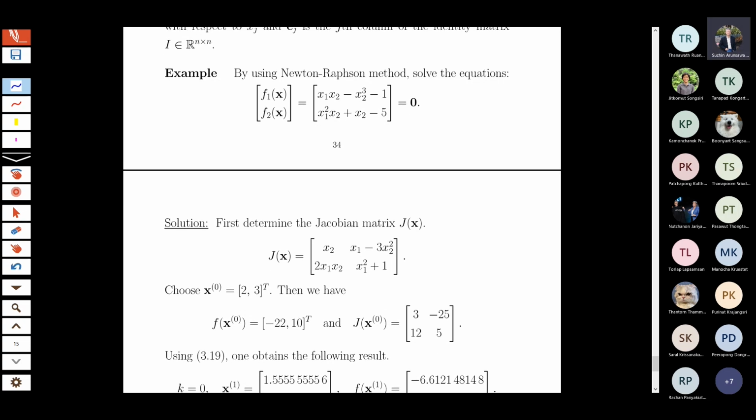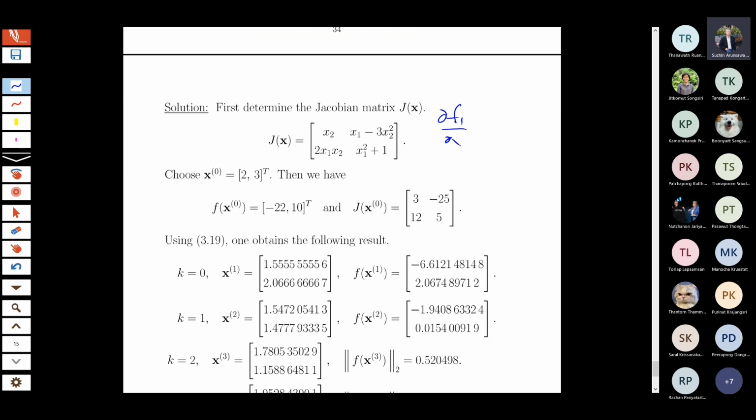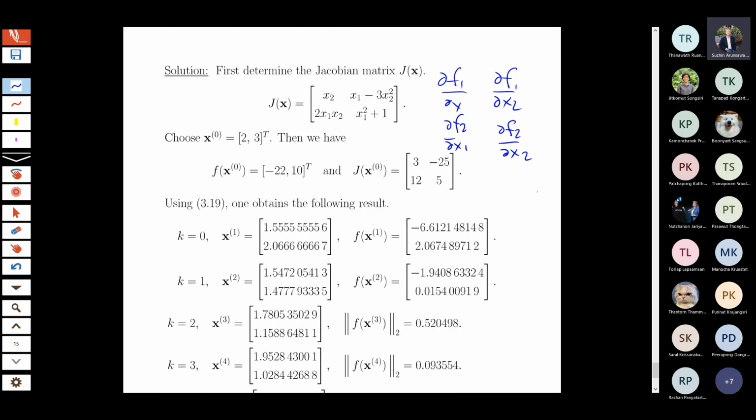To solve this, we first form the Jacobian matrix. We compute all four partial derivatives: partial f1 by x1, partial f1 by x2, partial f2 by x1 and partial f2 by x2. After that, we choose an initial guess, an initial point x0, chosen as (2, 3).